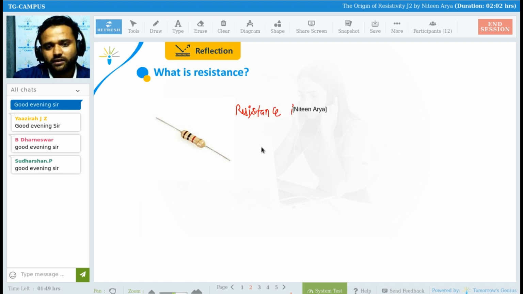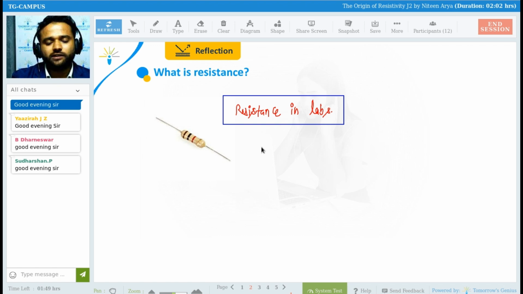Resistance in labs, when you go to any college. It controls the flow of current. Okay, anyone else? That is resistance in labs.